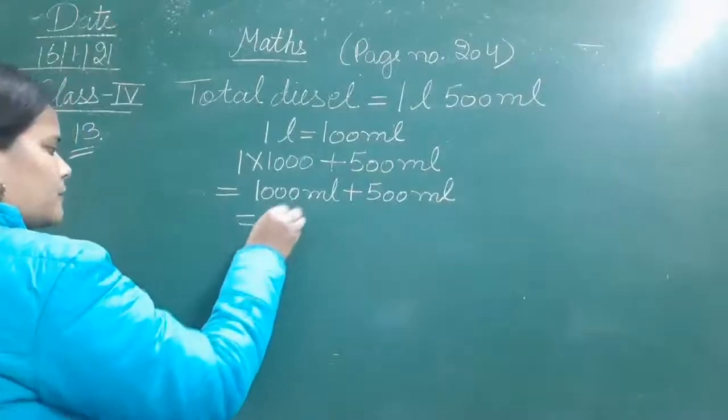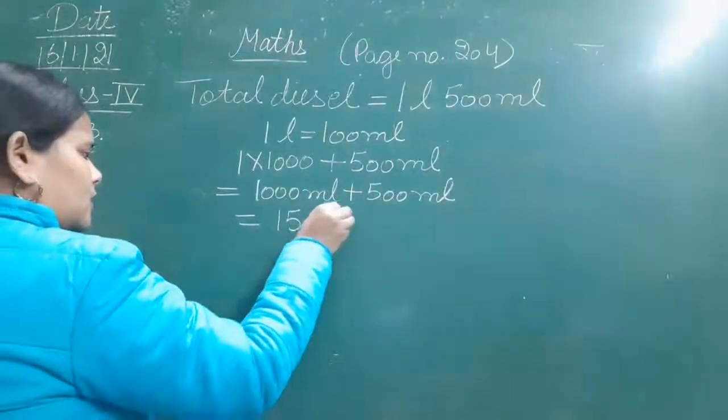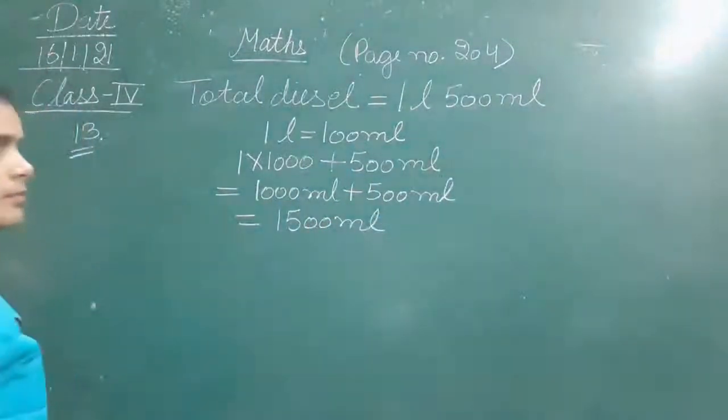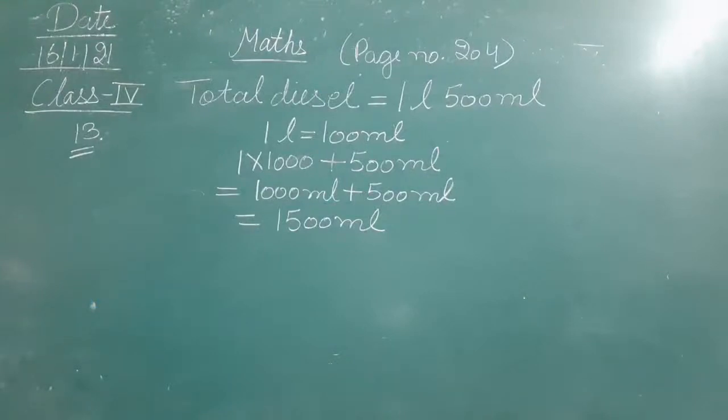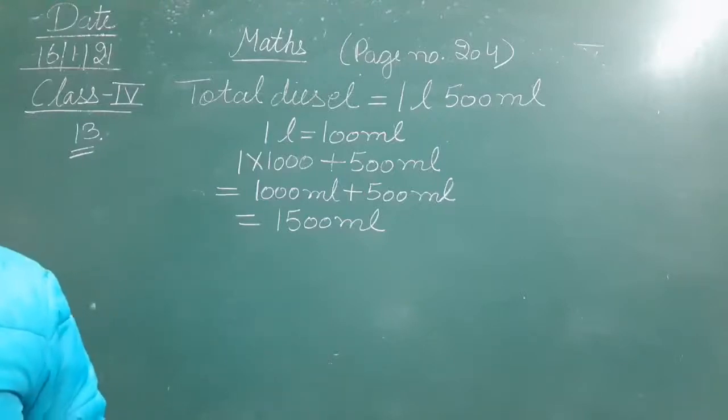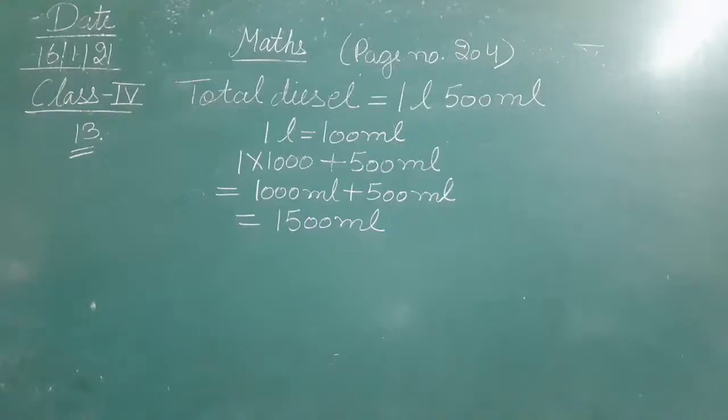That is 1500 ml. ओके, सो दैट मीन्स अगर हमने इसको 1 लीटर 500 मिलीलीटर को ml में कन्वर्ट किया, वी गॉट 1500 ml. नाउ वी हैव टू फिल द डिफरेंट कंटेनर्स ऑफ 250 ml.